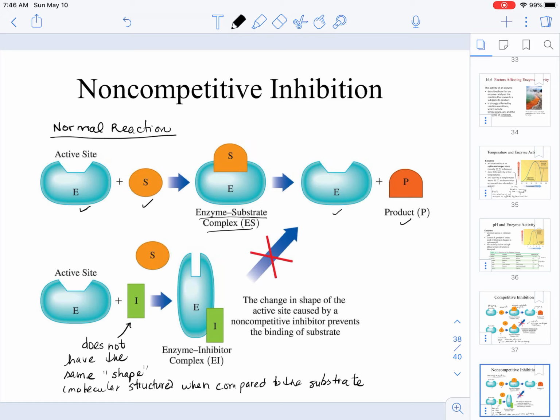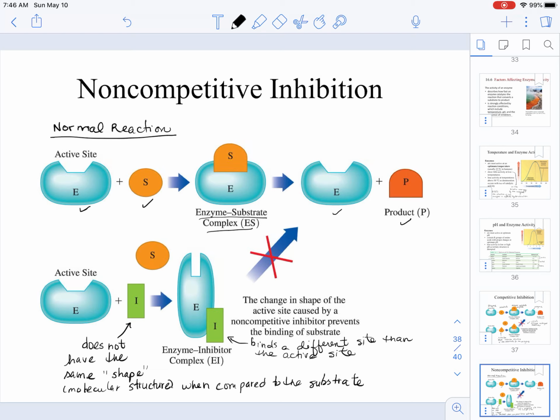So what happens is that whenever we have a non-competitive inhibitor, it's going to bind, okay, at a different site. So somewhere else in the enzyme that is not the active site. And overall, having this inhibitor bind a different site than the active site is going to cause the enzyme to have a different shape.